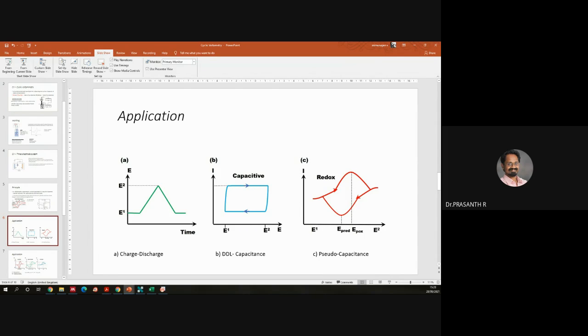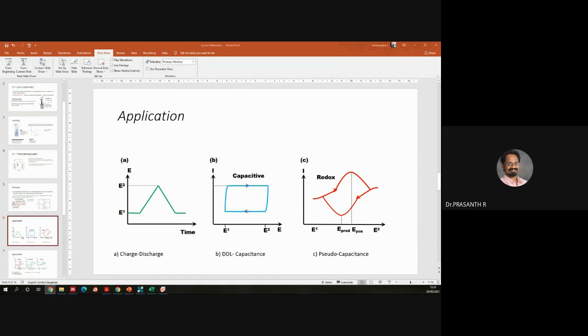parallelogram you will get. If you're getting a parallelogram, that is sure that you are getting an electric double layer capacitor. But in some cases, the system has some double layer capacitance plus oxidation reduction. Both are there in some systems. That is called a pseudocapacitor. You won't get a peak like in the case of a battery, but you can see a graph somewhere in between these two curves.